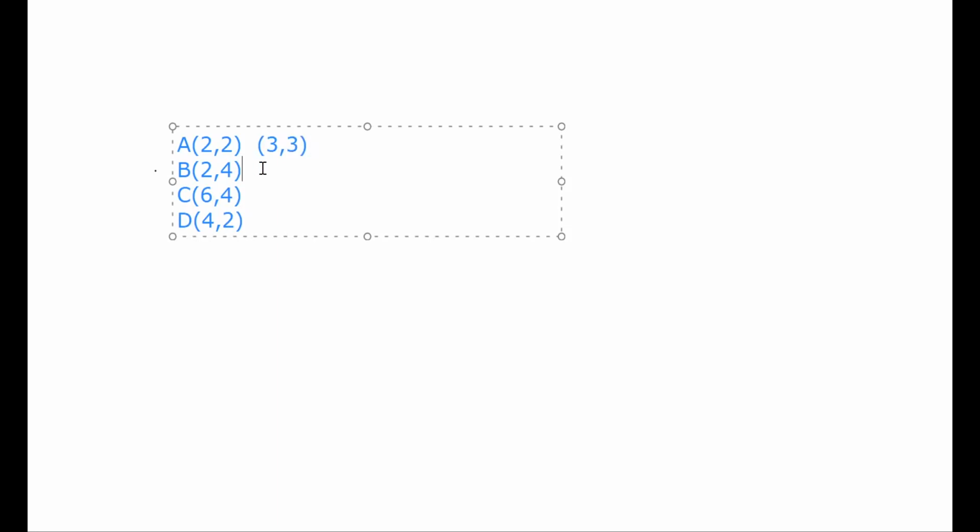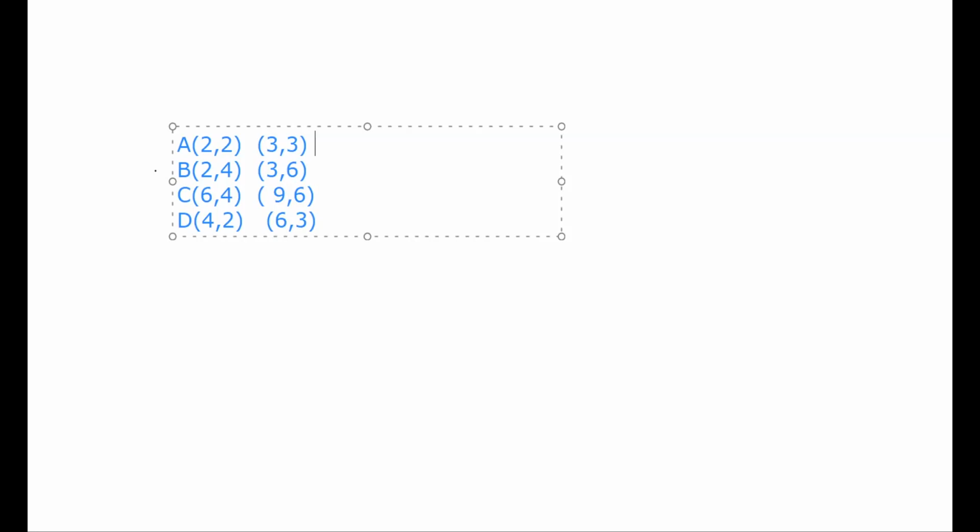Then 3 and 4 multiplied by 1.5 is 6. And 6 multiplied by 1.5 is 9, so here this is 9 and 6. And the last point is 6 and 3. What should I do with these points? I'm going to graph them, and they are named A prime, B prime, C prime, and D prime.